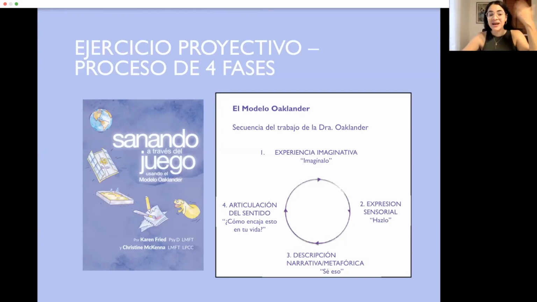You make a drawing, you be it, you give it a voice, and then you see if you own it, if it fits for you, how you project it.